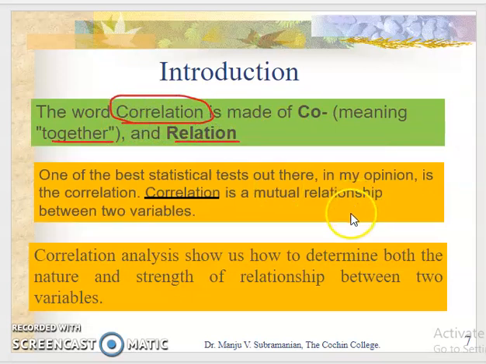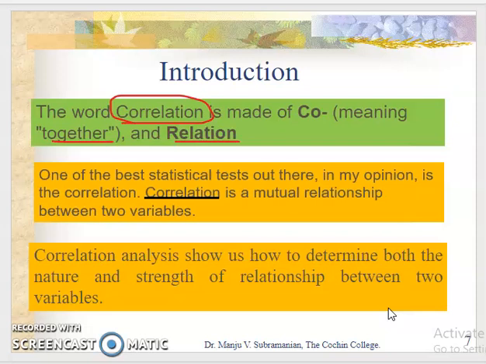One of the best statistical tests is the correlation method. In order to find out the relationship between variables, correlation is the most important method that is used. Correlation analysis shows us how to determine both the nature and the strength of the relationship between the two variables.